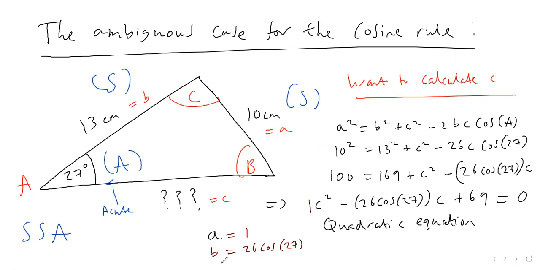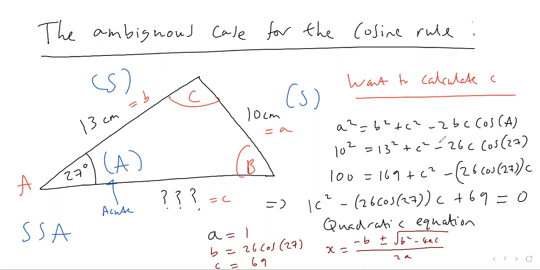And then our c constant in the quadratic formula would be this 69. So we can use our quadratic formula: minus b plus or minus the square root of b squared minus 4ac, divided by 2 times a. We can plug the numbers in, or use the graphical calculator to do this for us. So our a value is 1, our b value is 26 times cos 27, and our c value is 69.